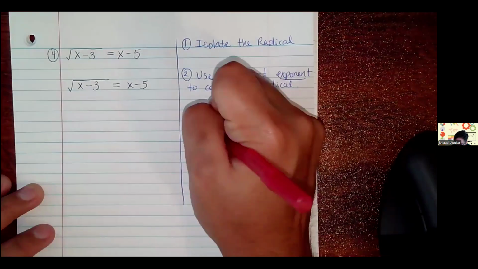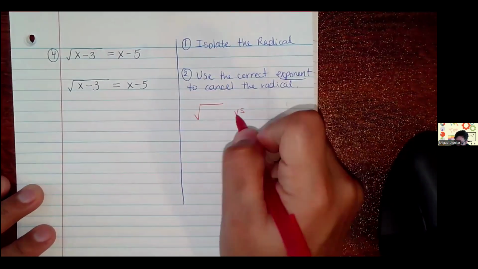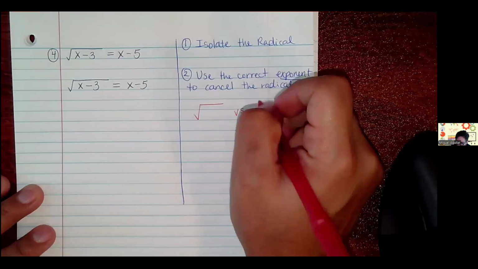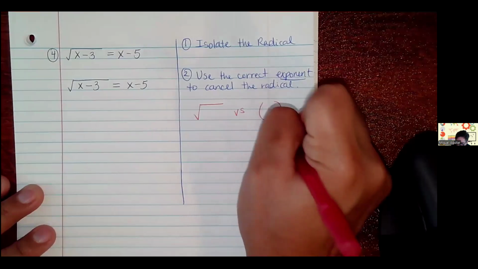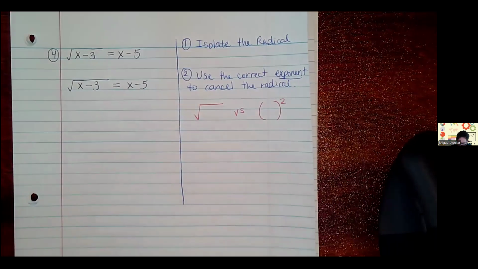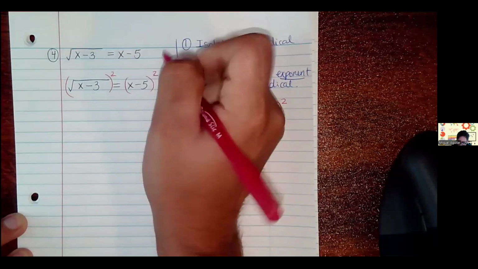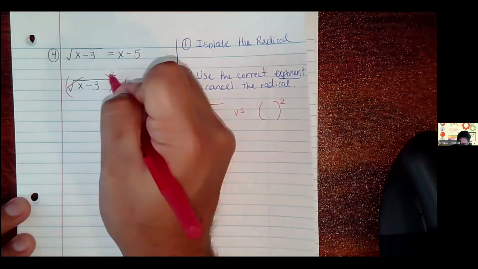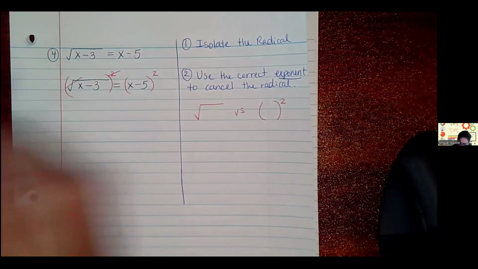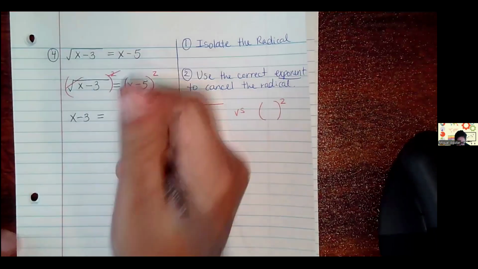So if we're dealing with the square root, then its inverse is going to be the second power, okay? So what we'll do is apply the second power here and here so that the square root gets canceled out. And now we'll be left with x minus 3 is equal to.